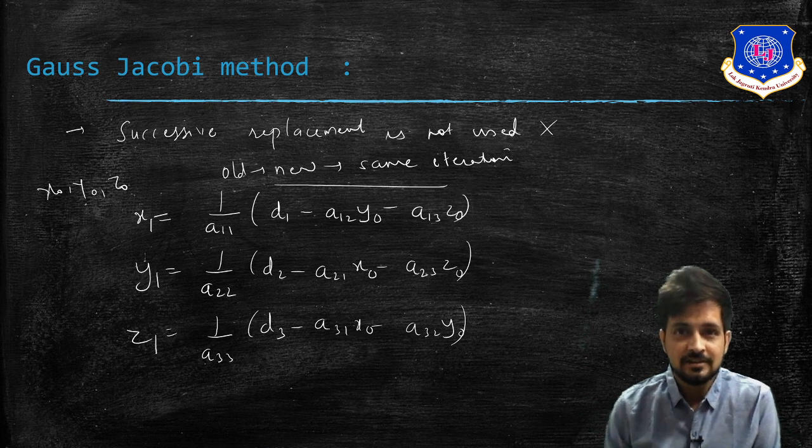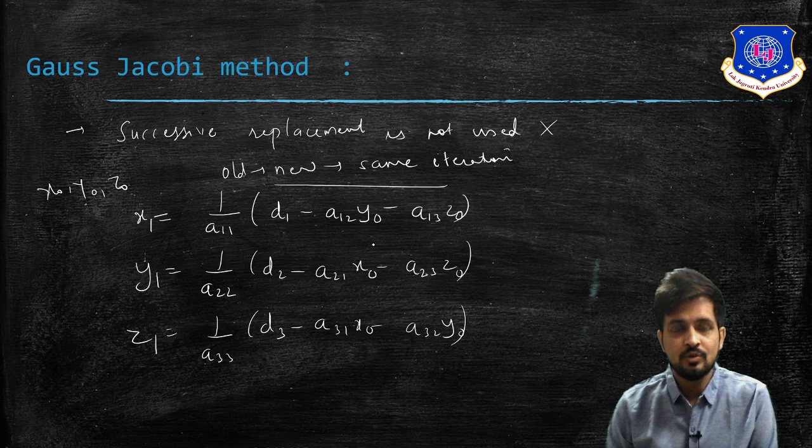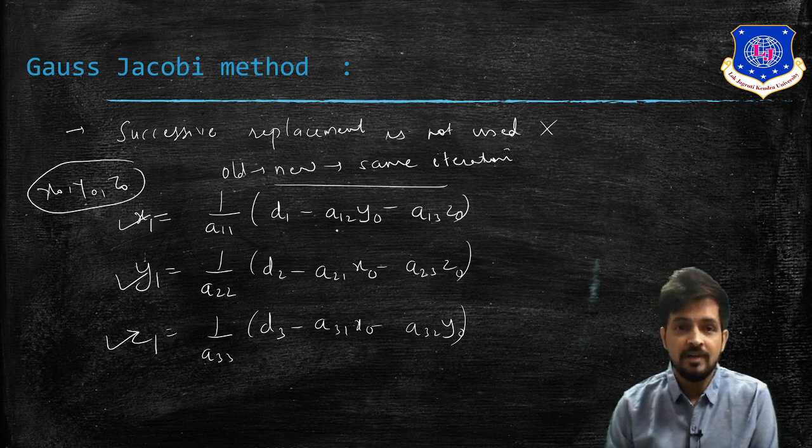Did you get the difference? What is the basic difference? Here we are not using the new value. We are taking x0, y0, z0 in all the equations. In x1, y1, z1, we are taking x0, y0, z0 from the previous iteration. So in this way we can say it will take more time, because we are not considering the new value.